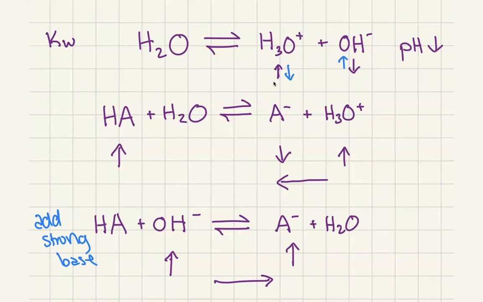And when we added strong acid, we were increasing our H3O plus and decreasing our OH minus. Remember that when we increase the H3O plus, we decrease our pH. And if we change our OH minus, that water is going to have to re-equilibrate to compensate, because remember that water has its own equilibrium that it needs to reach as well.